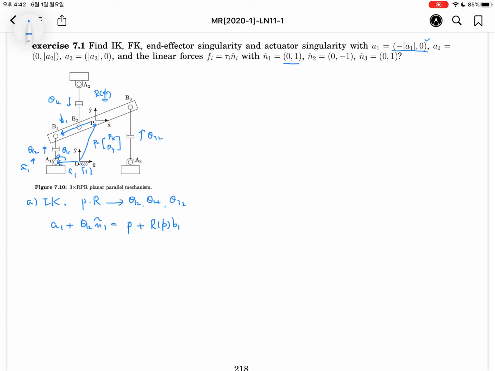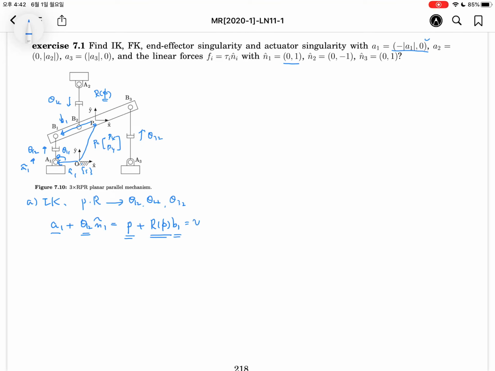Here this is the space frame. Maybe you know this equation. It's not difficult. As you can see here, we know A1, and we want to find these values. The p and rotations and the b's, all the variables are given, so we know that.